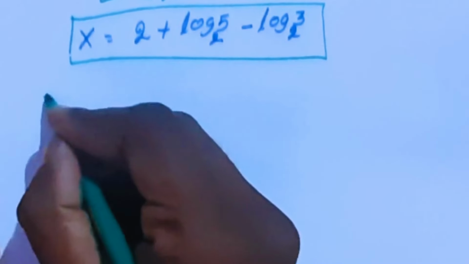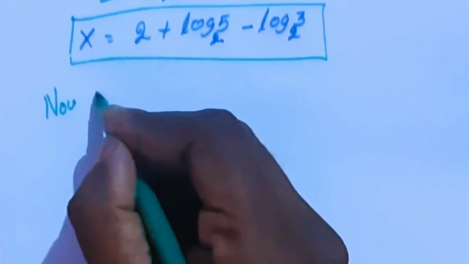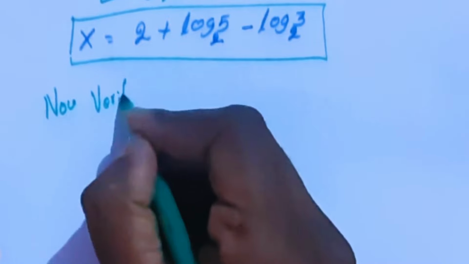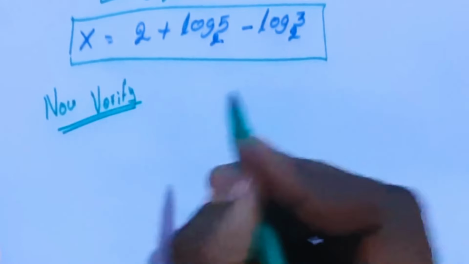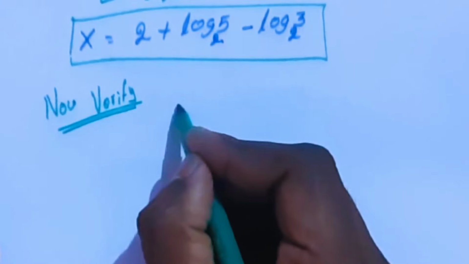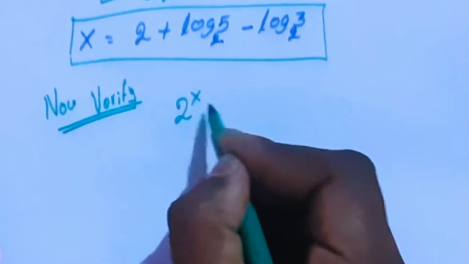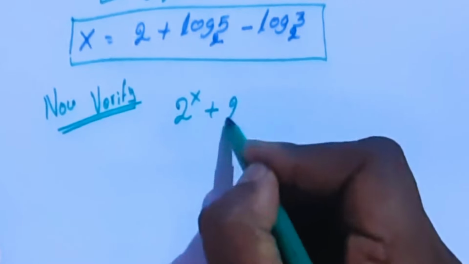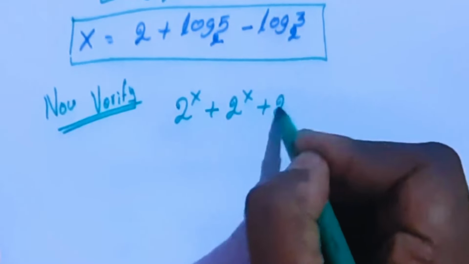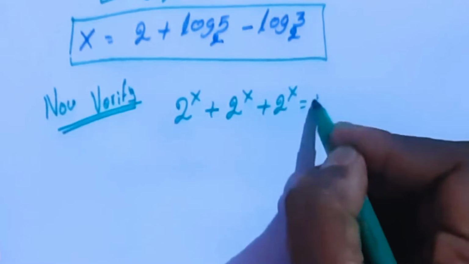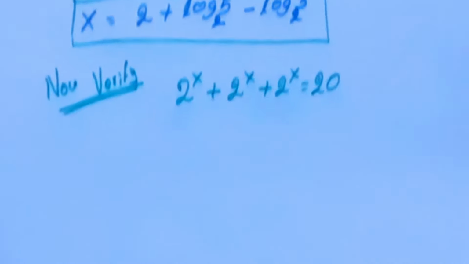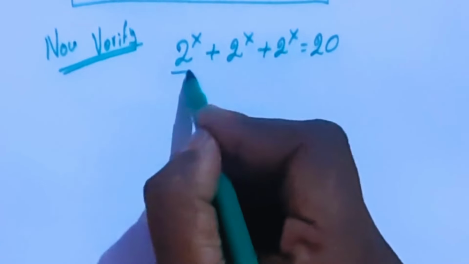Now we are going to verify this. So the equation 2 power x plus 2 power x plus 2 power x equal to 20. Now we are going to take this alone.